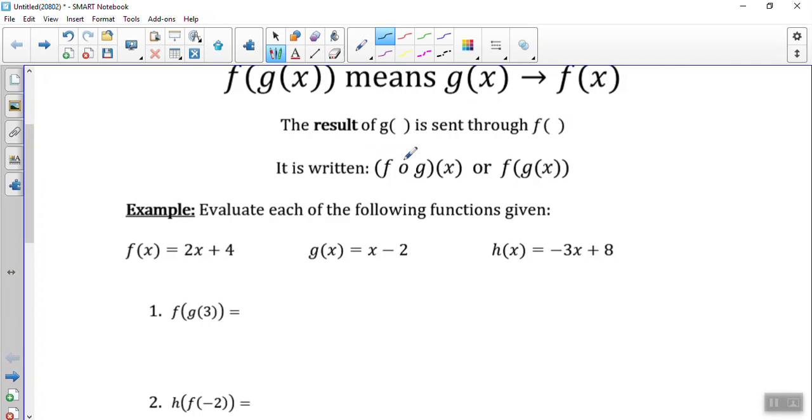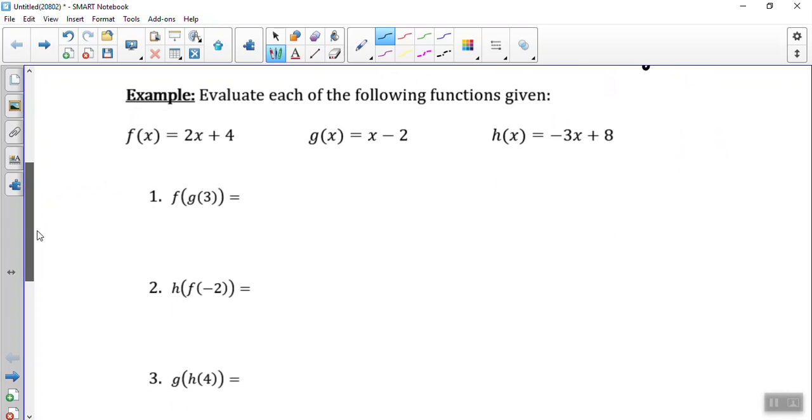This is read as f of g of x. Or sometimes you'll see it written like this, also f of g of x. So the way we say this is f of g of x.